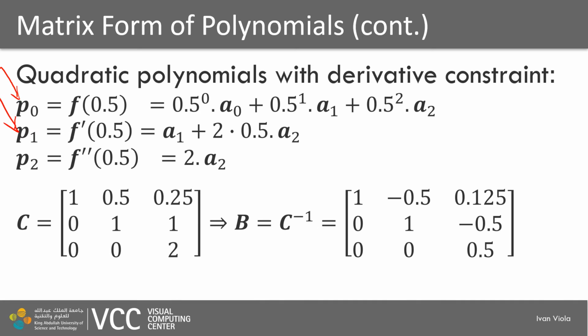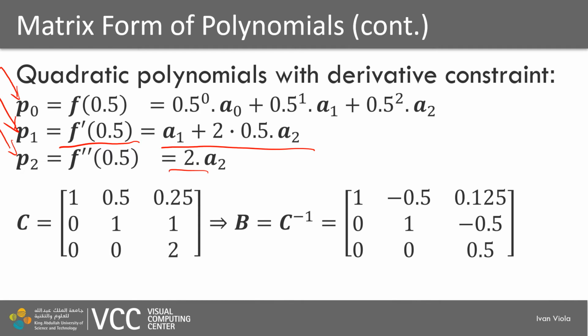And the constraint is that the first order derivative at this position 0.5 will have the following coefficients associated with A1 and A2. And then we have one more constraint, where the second order derivative has the value 2 as the coefficient next to A2, and the rest of the coefficients will be 0.